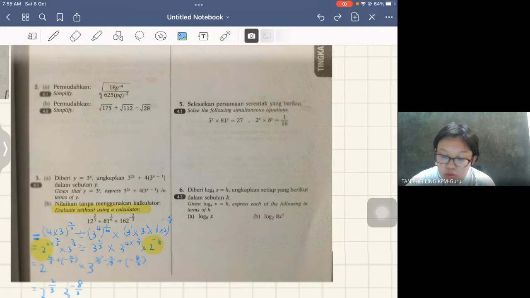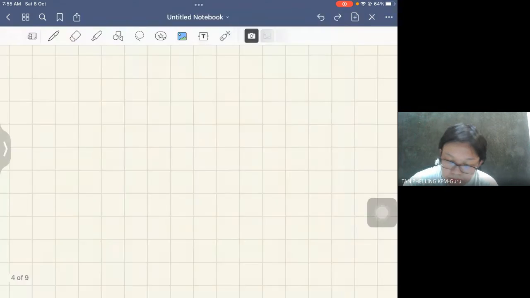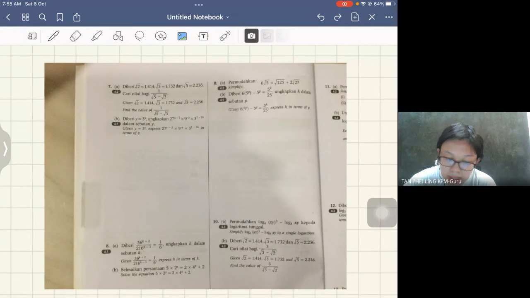I want to go to number 4 a while before I go into log. So number 4, let's see number 4 here. I skipped number 4.